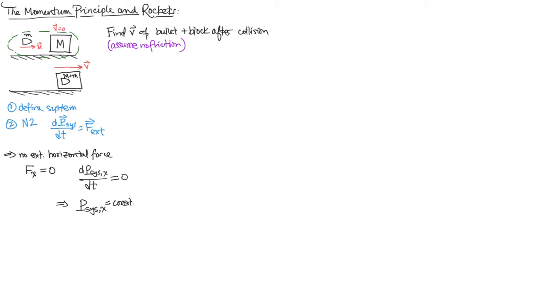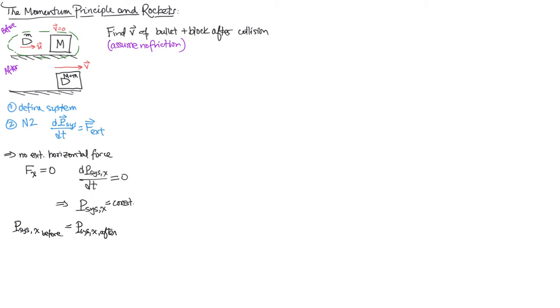That means before the collision and after the collision, the momentum is the same. This is probably familiar to you now, but if we label before and after, then Newton's second law is telling us the momentum of the system in the x direction before is equal to the momentum of the system in the x direction after.